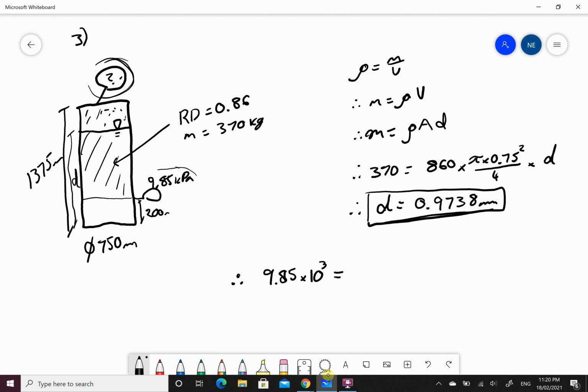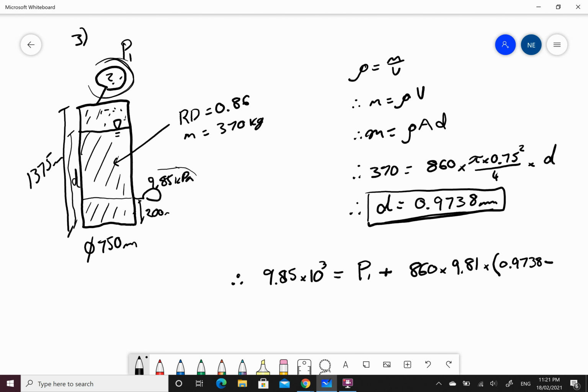So therefore, P1, I'm going to call this P1. So the pressure that's read at the start, any additional pressure we're adding to the system, plus the pressure caused by the oil. So rho g h, which is 860 times by 9.81 times by the depth 0.9738, subtract this in here.